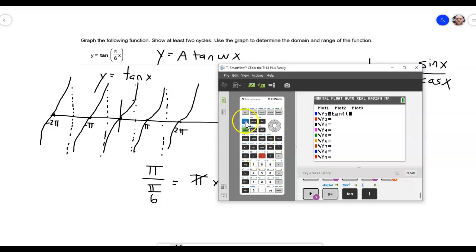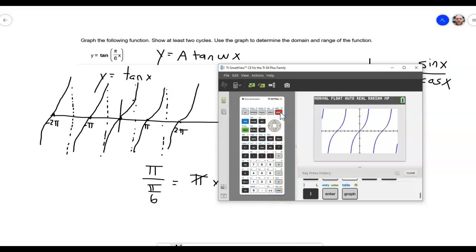So I'm going to type tangent, open parentheses, pi over 6, x, close parentheses, enter, and let's graph this, and trace.